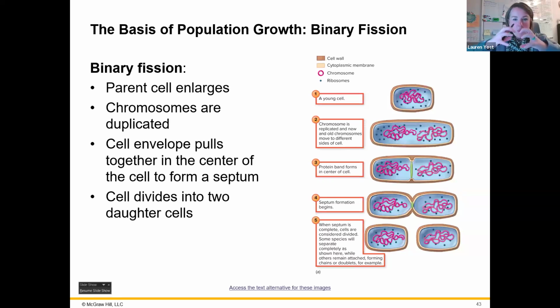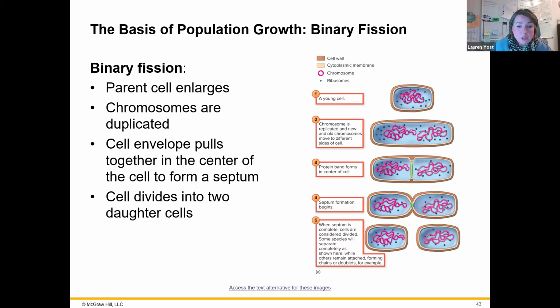They just make a copy of their genome, they expand the cell, and then they create a septum, a band in the middle of protein that allows them to pinch off a new cell. This whole process is called binary fission. One cell becomes two equal daughter cells.